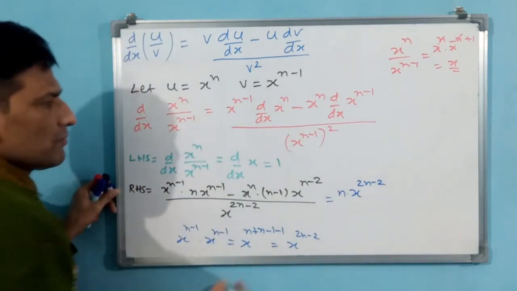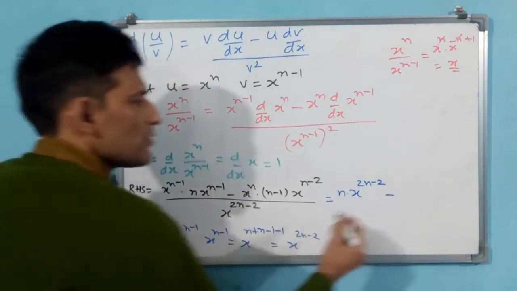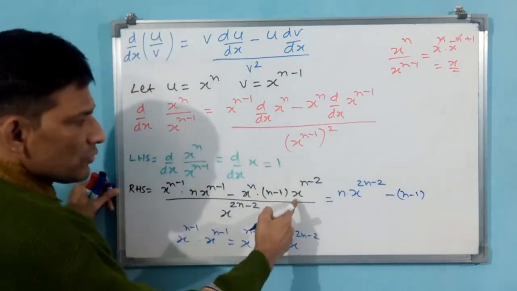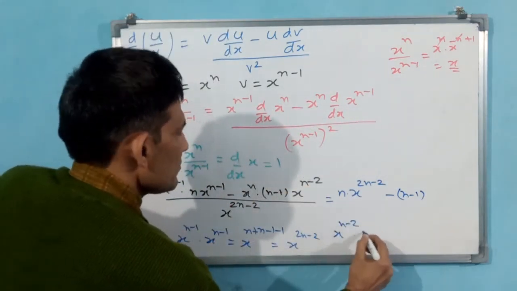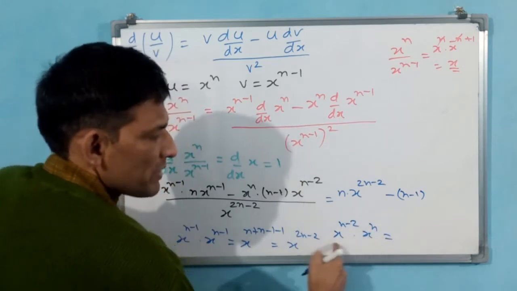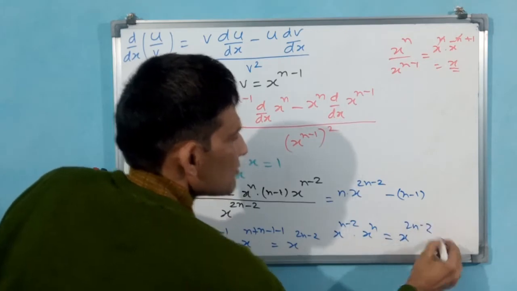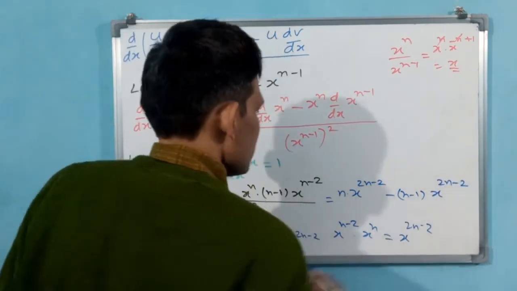Again write minus; here also take n minus 1 out first. Now you see x power n minus 2 and x power n: both bases are same, so n plus n, 2n minus 2. Write down x power 2n minus 2.